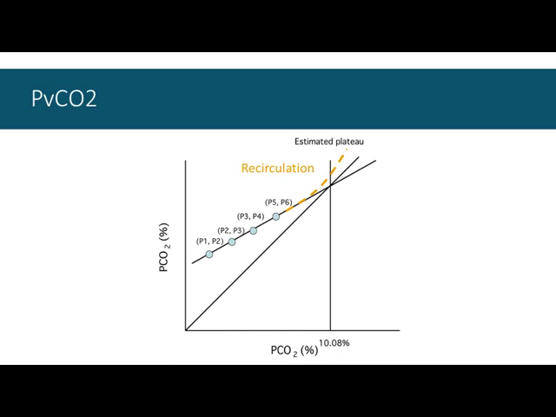CO2 in the air in the lungs would be in equilibrium with venous CO2 at the point where these two lines cross. It's a theoretical point because of recirculation. We'll never actually measure the horizontal equilibrium.